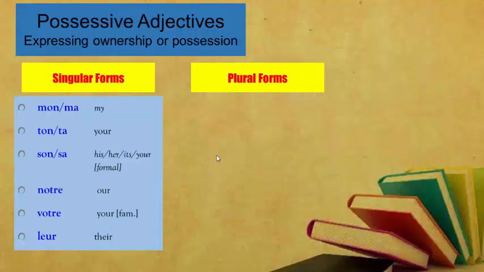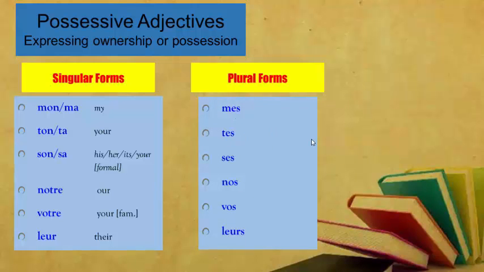Okay, this is the singular form, and for the plural form, mes, my, tes, your, ses, his or her or its, nos, vos, leur avec s. Okay, again, mon, ma, mes, ton, ta, tes, son, sa, ses, notre, nos, votre, vos, leur, leurs avec s.